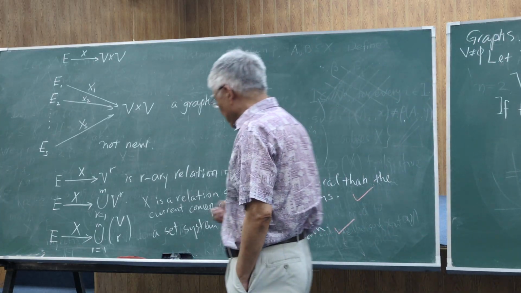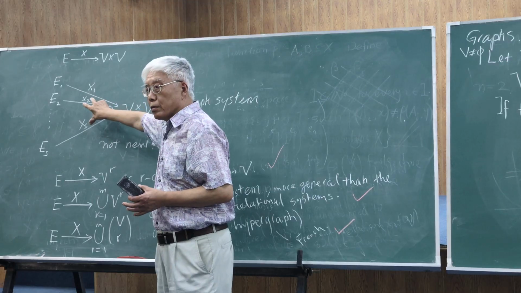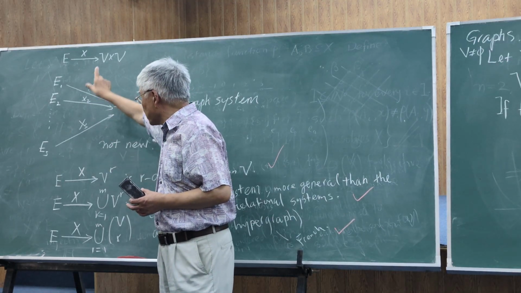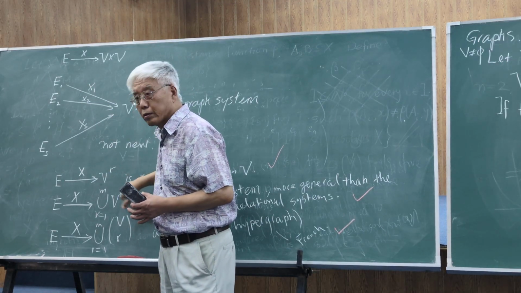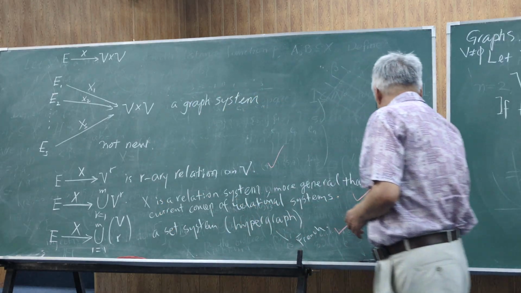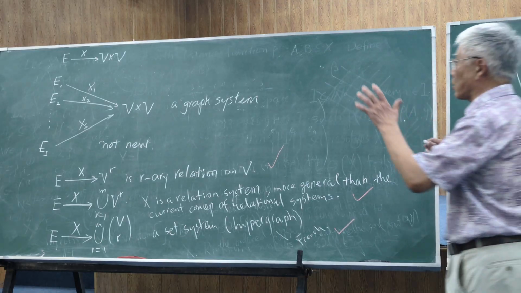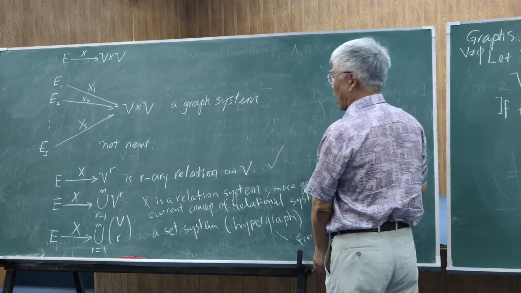Now, putting this on both sides, generalize there into finite sets and there into this. Then you have a relational system, the real general relational system. So let me just write it as if we generalize on the tail and head of the arrow.